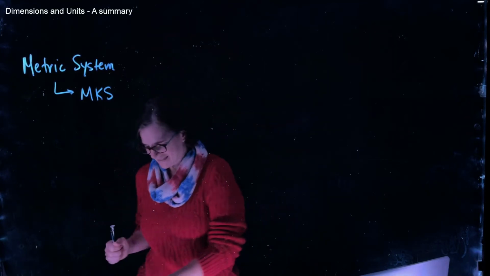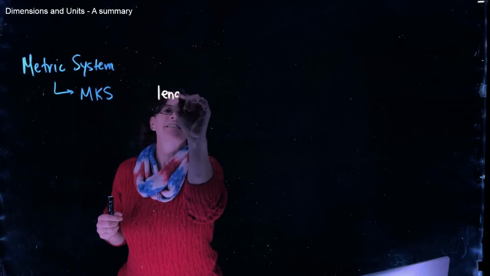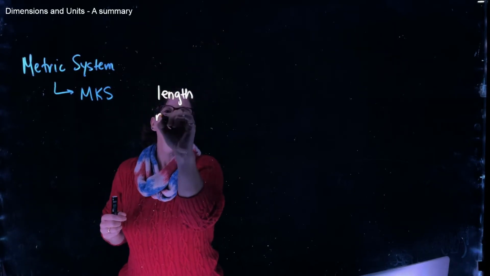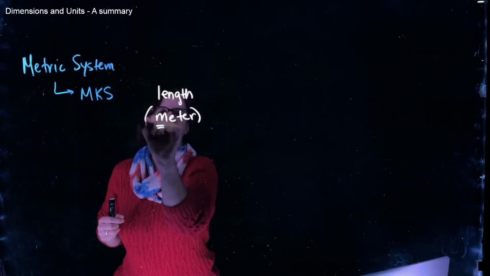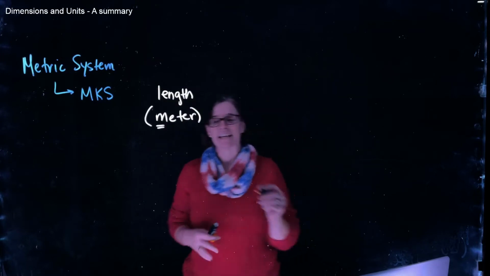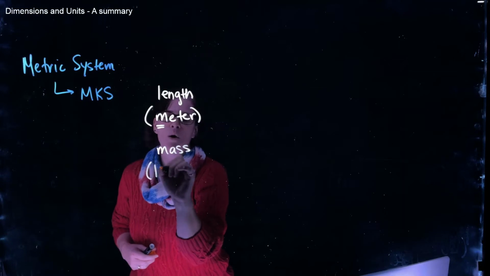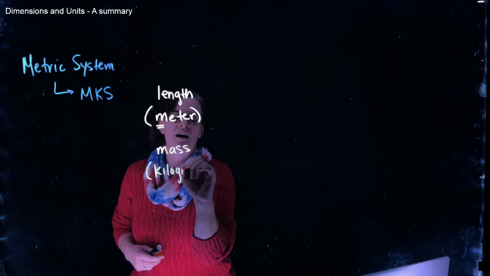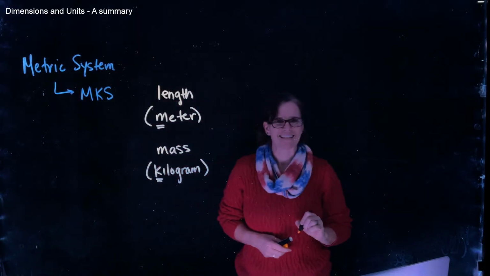The M in the MKS system is for our length dimension, and we use the meter. So the M in that MKS system is the meter. The K is our mass dimension. And for mass, we use a standard unit of the kilogram. So that K represents the kilogram.